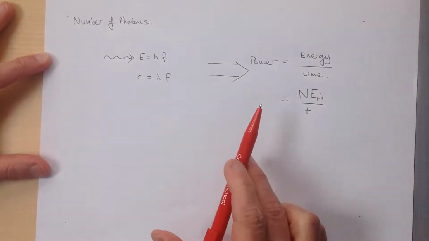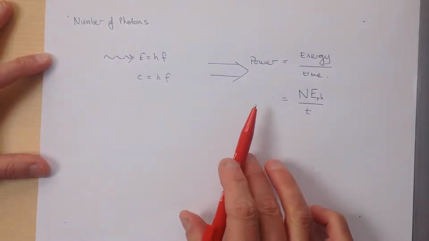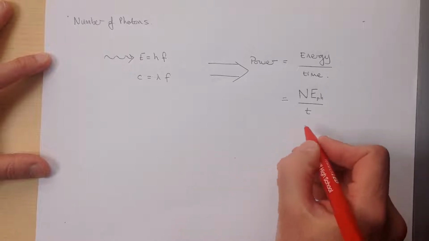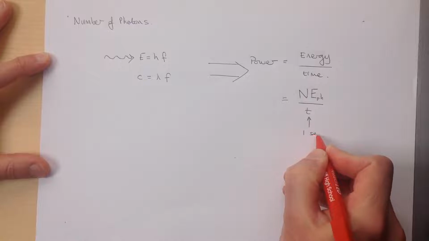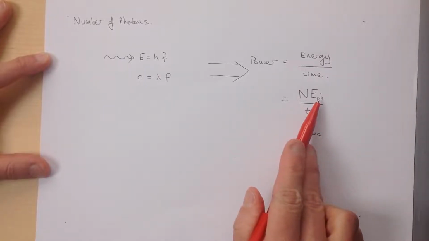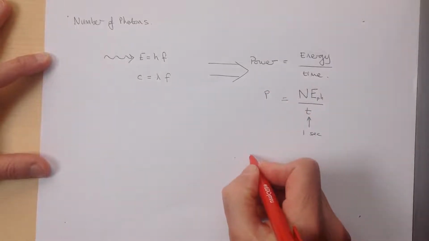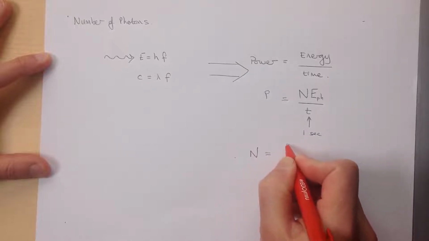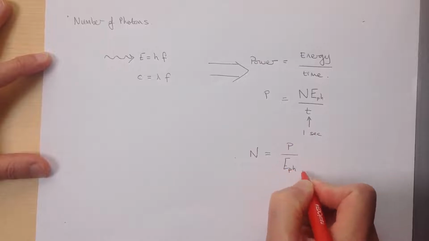Now quite often questions will say this is the power in watts. And what we've got to remember is a watt is joules per second, and so we will often take that this time is 1 second. So if we know the energy of a photon and we know the power of a light beam, we can get to the number of photons by dividing the power by the energy of one photon.